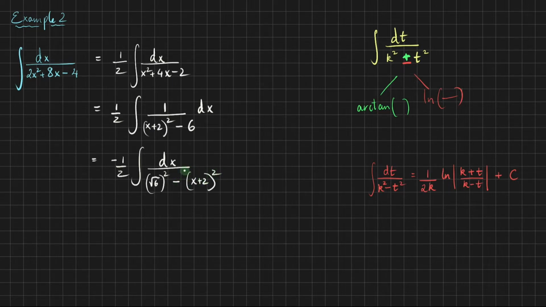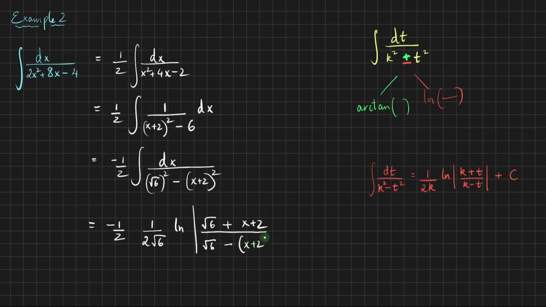x plus 2 squared. Now that we have the required form, k squared minus t squared, where k is root 6 and t is x plus 2, we are ready to evaluate this integral, and this becomes negative half, and the integral becomes 1 over 2k, which is 1 over 2 root 6 ln absolute value of k plus t, so this becomes root 6 plus x plus 2 all over k minus t, which is root 6 minus x plus 2.